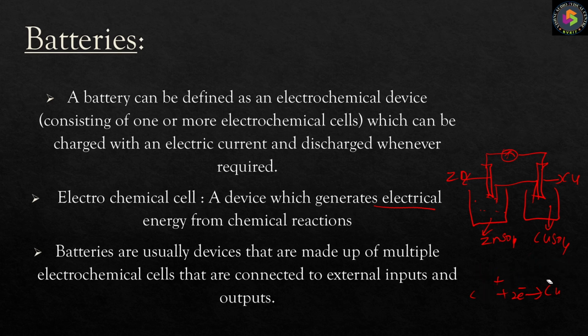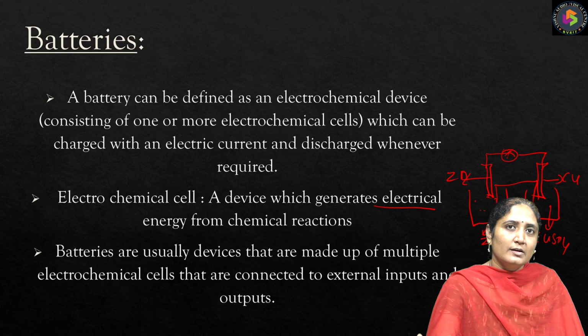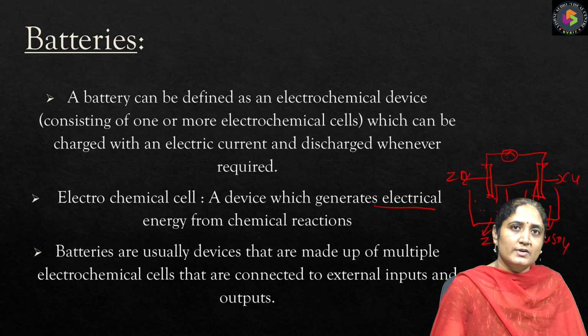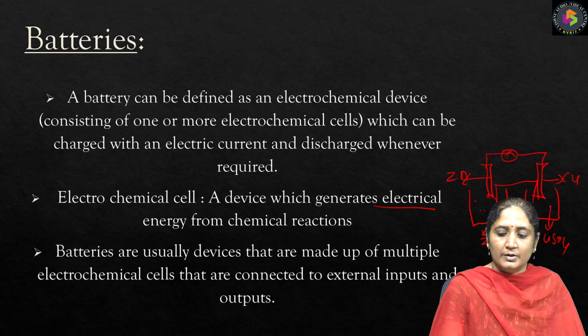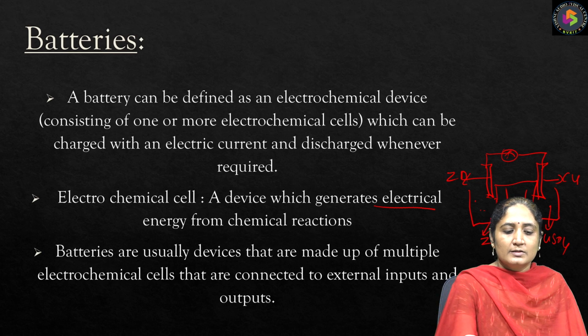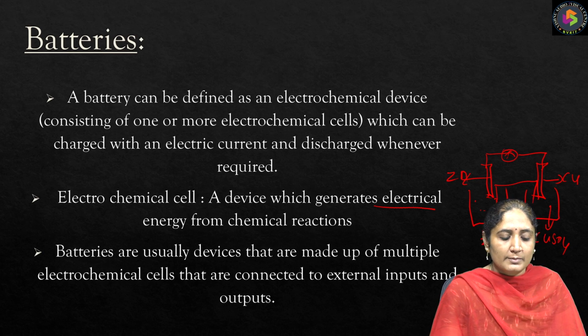There are many chemical reactions taking place, and those chemical reactions produce energy in the form of transfer of electrons from anode to cathode or from cathode to anode. So this is called an electrochemical cell.